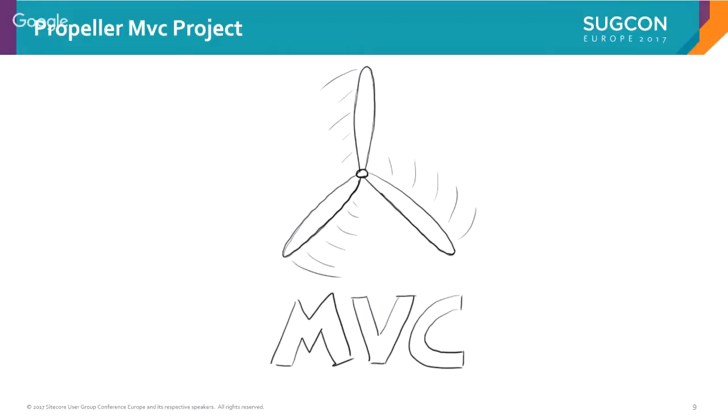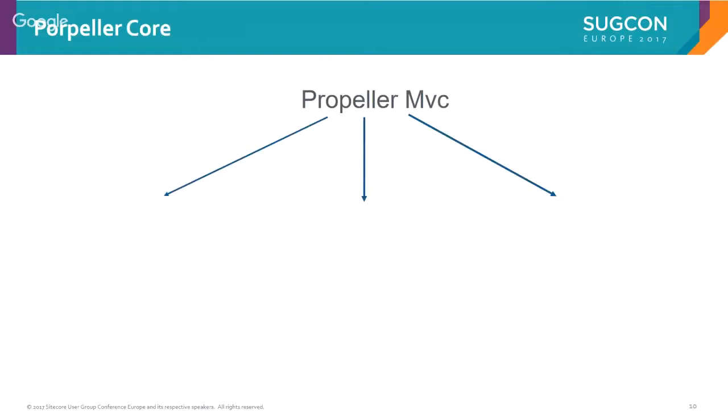And the project is divided into three pieces. The first piece that we're going to talk about is the core. And what happens in the core? Well, the first thing that we need to do is somehow map the Sitecore items with our code.